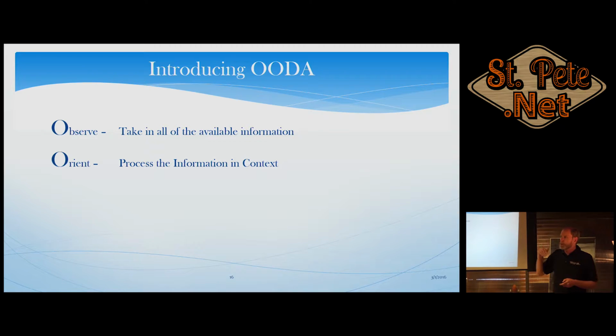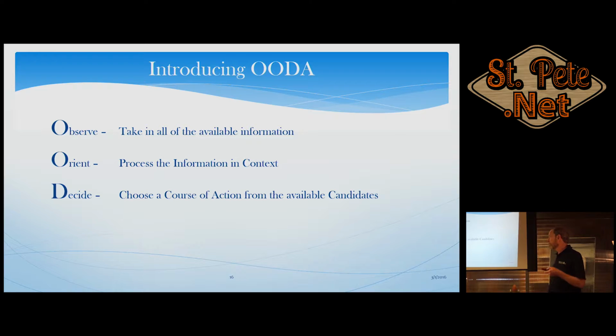And part of the processing is you'll come up with alternatives. I could do this, or I could do this, or I could do this. Next step, make a decision. Choose a course of action from the candidates that you involved in the orient, which means a lot of that initial testing that I was talking about of ideas and discussions happens in the orientation phase. And then once you make a decision, act on it.